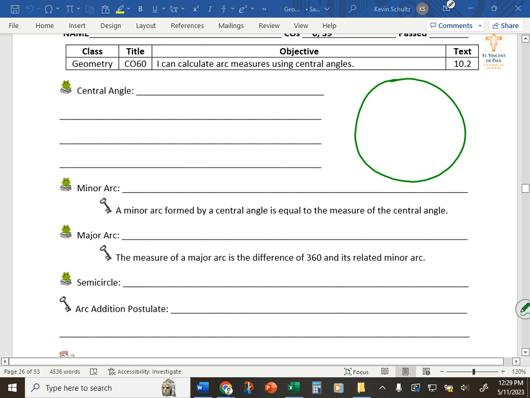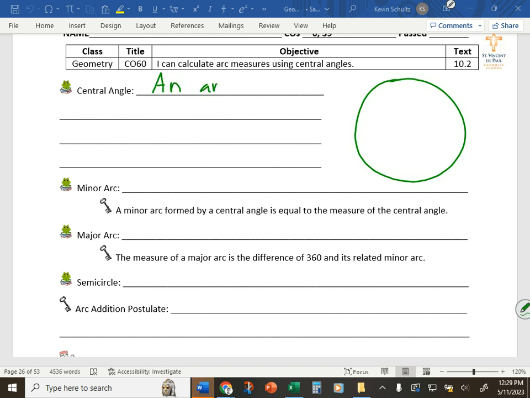A central angle is an angle with its vertex at the center of a circle.